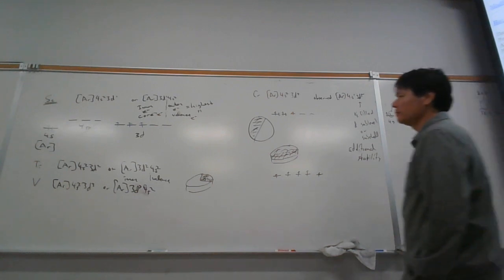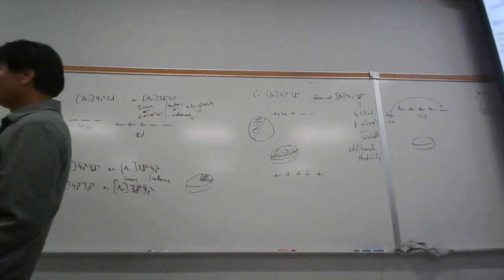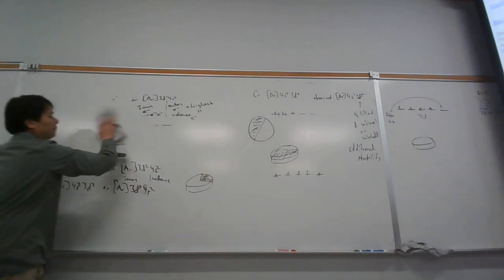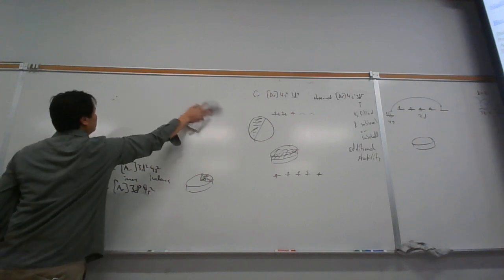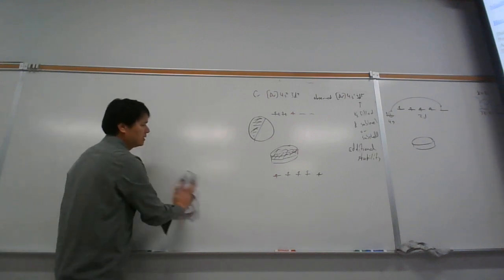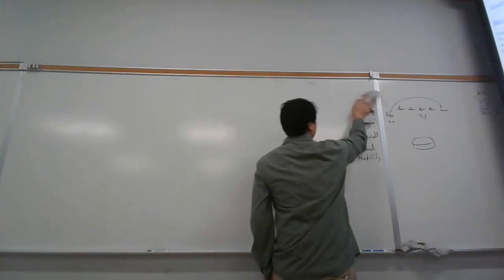So chromium and molybdenum behave as you'd expect. There are a lot more exceptions when you get further down in the periodic table on how the orbitals fill. In fact, we'll take a look at the next exception.